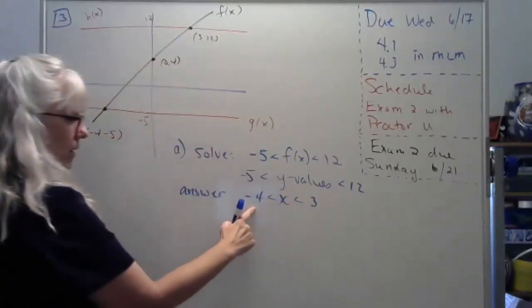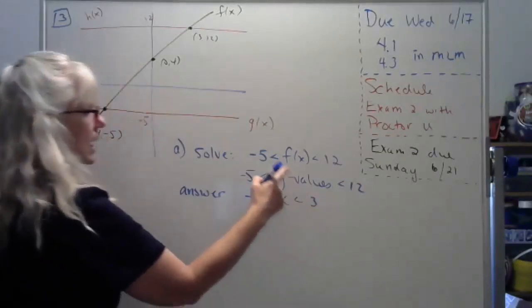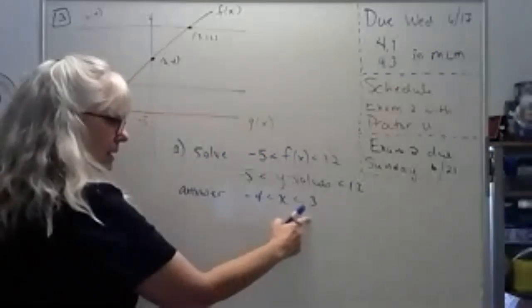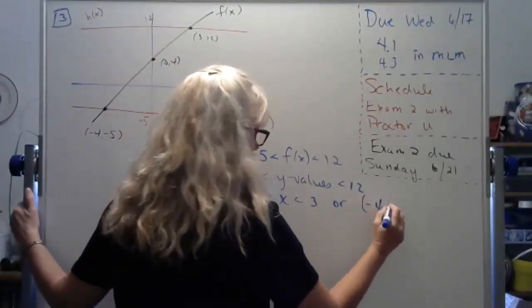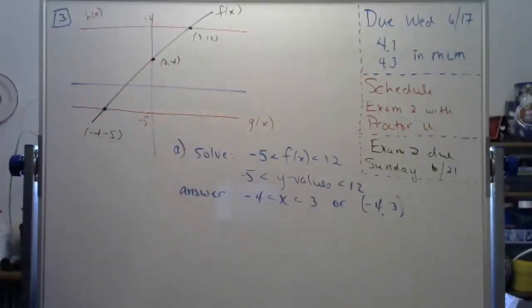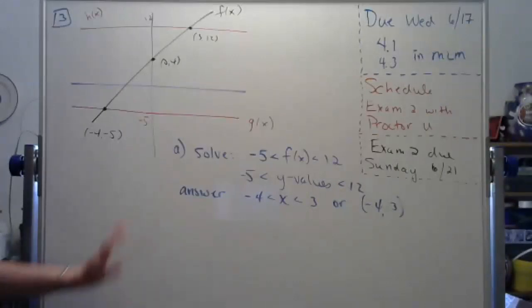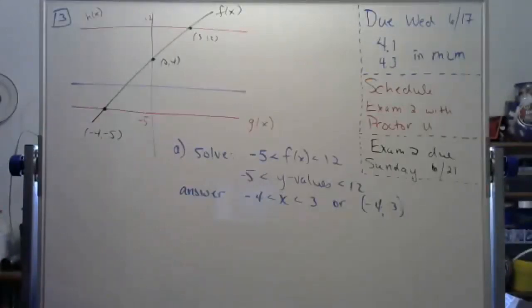So these are the x values. So when x is between negative 4 and positive 3, the output y values are between negative 5 and 12. So you can write it as an inequality, or you can use your interval notation here and go from negative 4 to 3 with parentheses because of the inequality. And I think these are a little bit confusing. Any comments or questions?